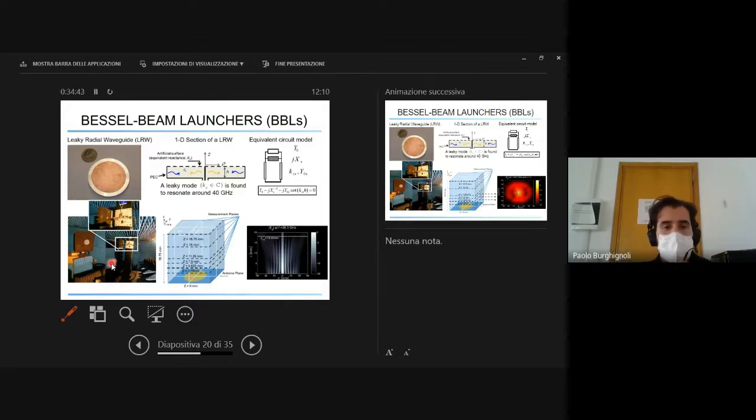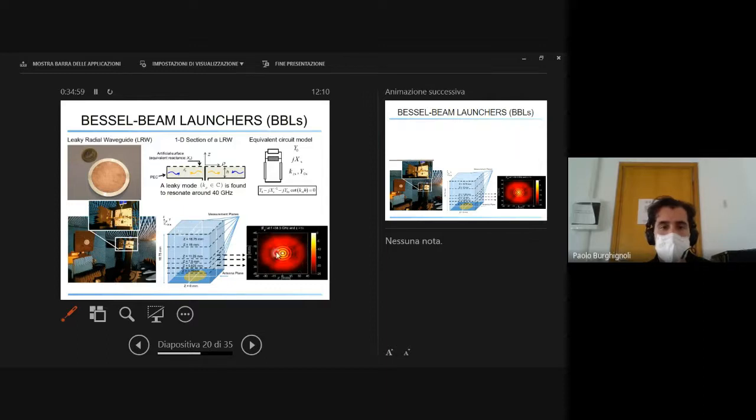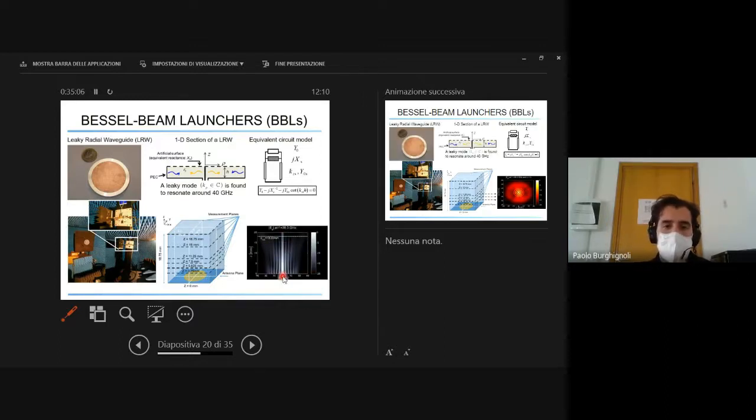And here you have some pictures of the near field measurement setup. These are actually measurements of the fields, and you can recognize the annular shape behavior of the Bessel beams when looked from the top, and the non-diffracting behavior of the beam when looked from a front plane.